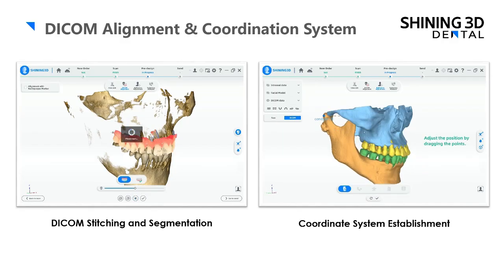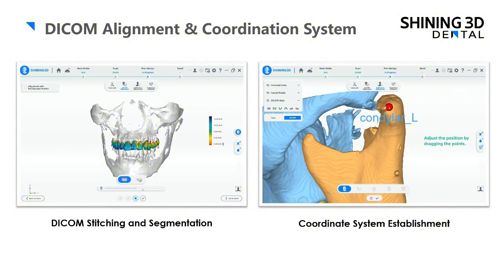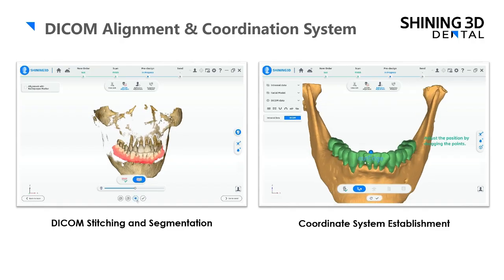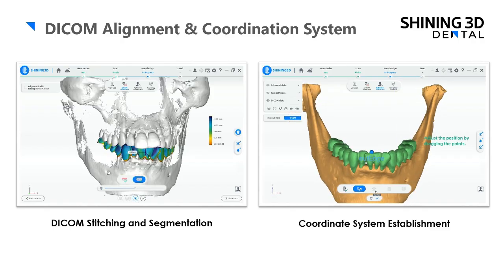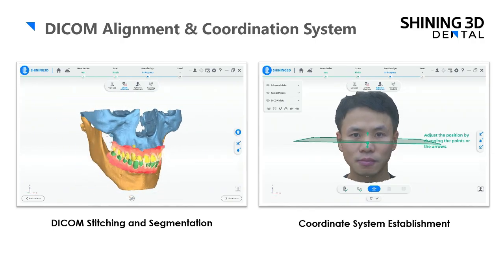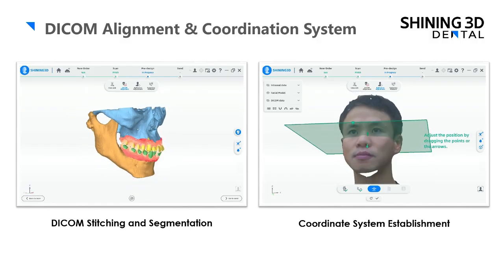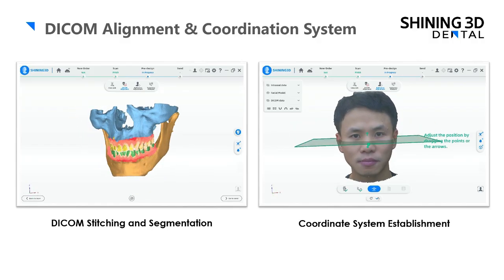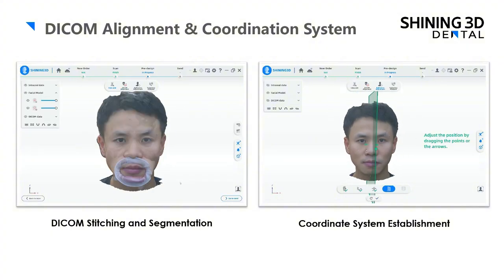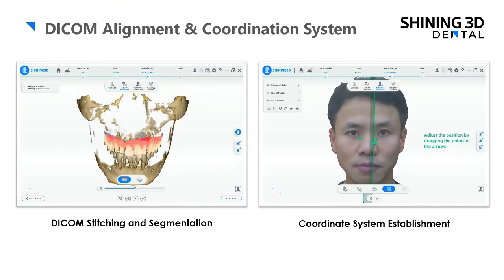If you want to use the trajectory analysis function inside the GeoMotion module, you have to do a DICOM alignment and coordinate system setting. As you can see from the left screen recording, we can separately align the upper and lower jaw to the DICOM data inside the new software. According to the bite data we imported with the intraoral scan data, the software can move the dissected DICOM file into a bite position that is suitable for the software.